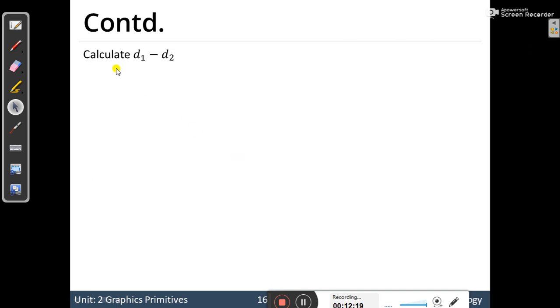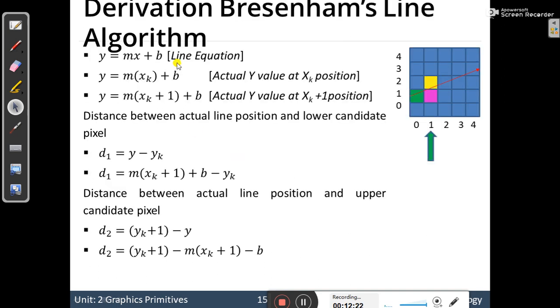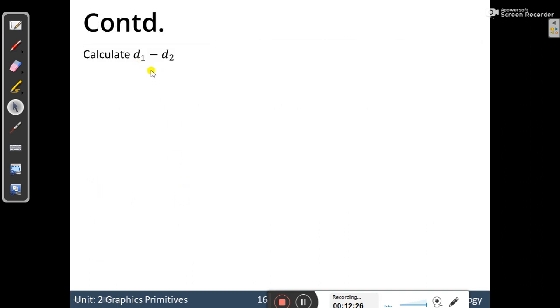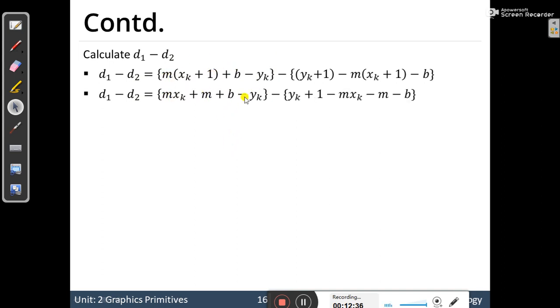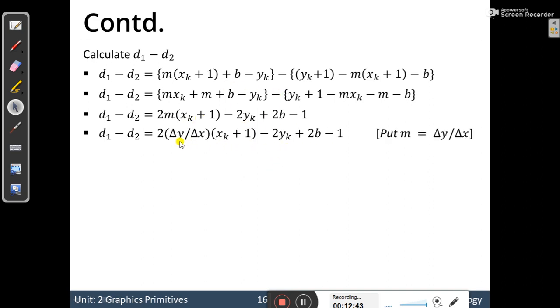Now we need to calculate d1 minus d2. Here we try to find d1 and d2, and now the difference between them. d1 minus d2, by putting in the equations, and if we simplify that, we will find this part, then this, and we put m equal to del y by del x at every position.